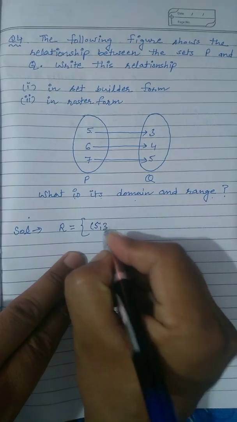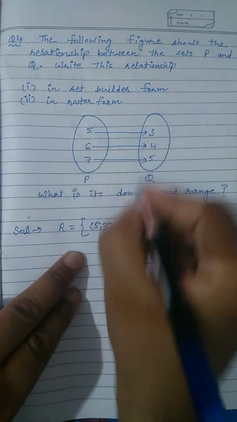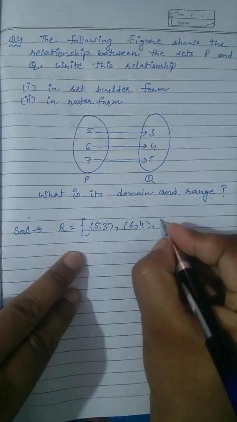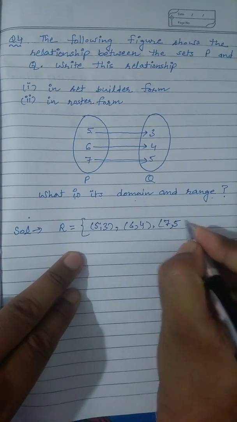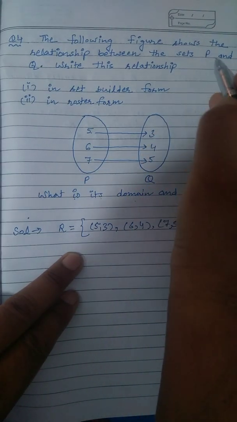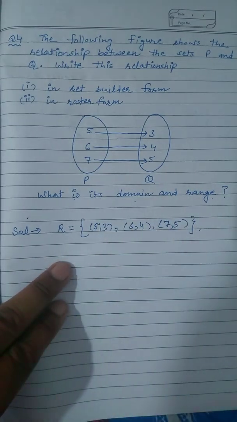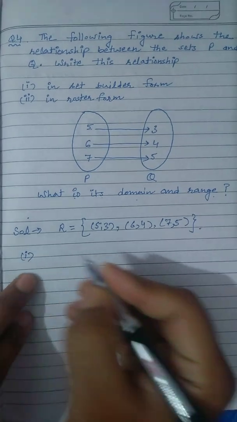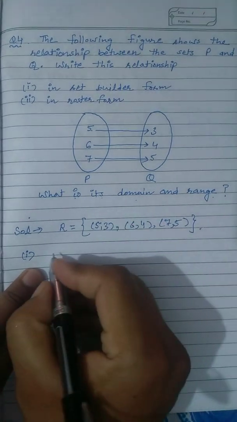R = the ordered pairs (5, 3), (6, 4), (7, 5). Now, how can this be written in set builder form?